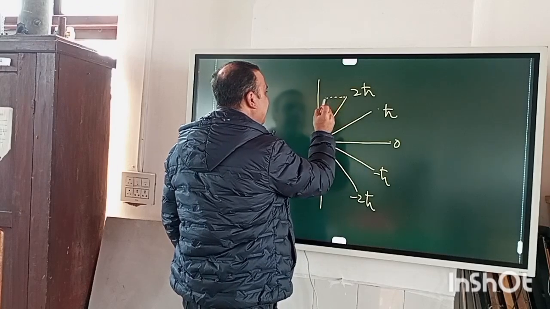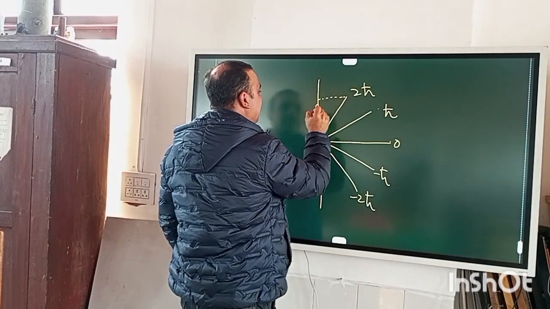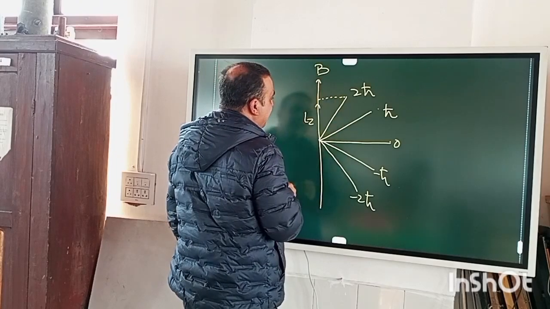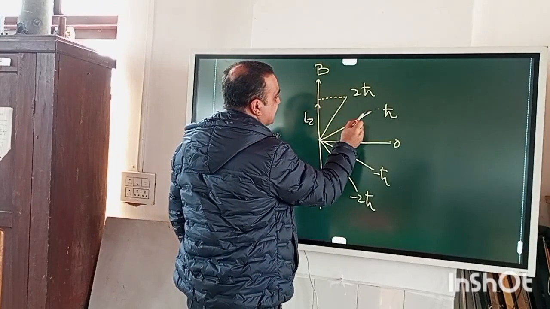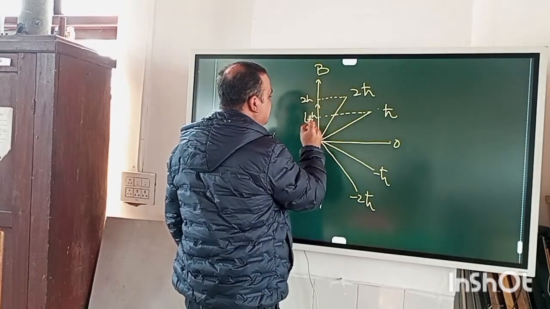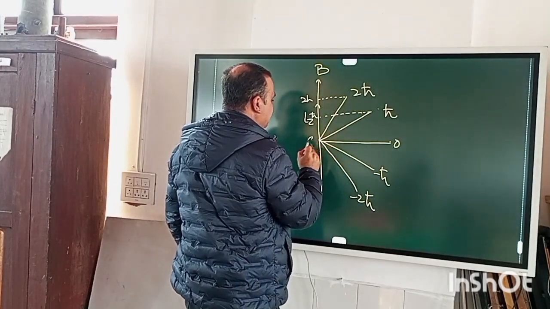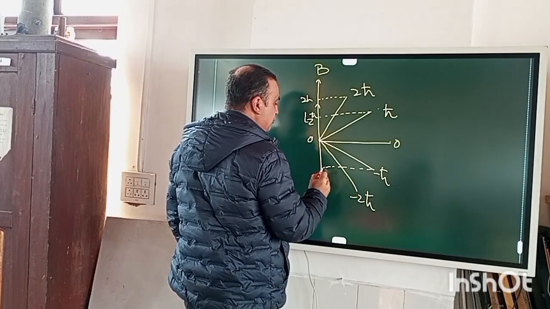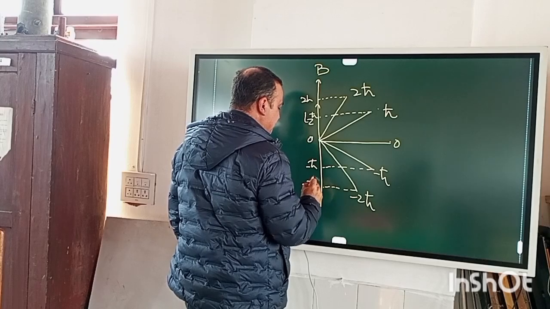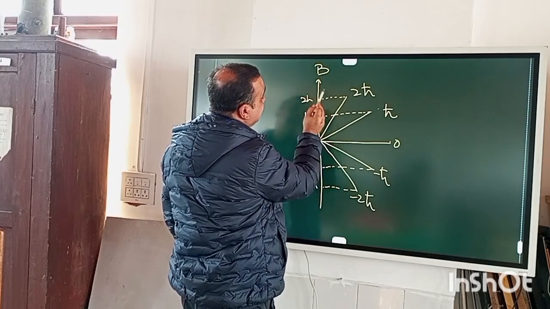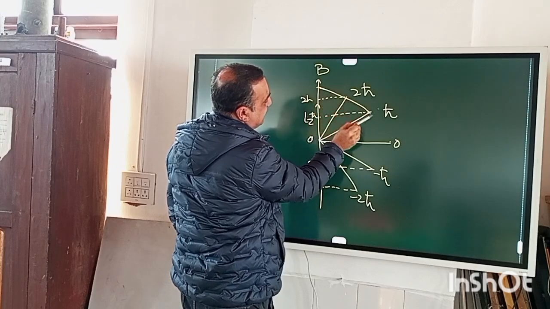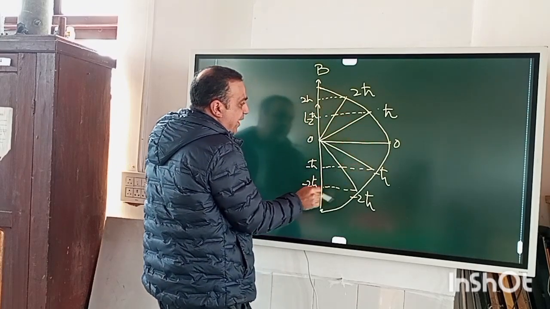Corresponding to this, this is Lz, and this is the direction of the magnetic field. This will be 2h bar, this will be h bar, this will lead to 0, this will lead to minus h bar, and this will lead to minus 2h bar, and we can project it in a semicircular way.